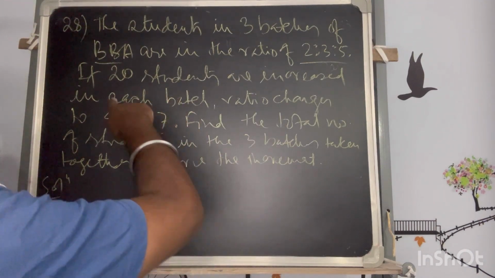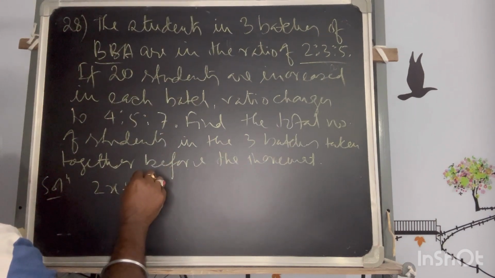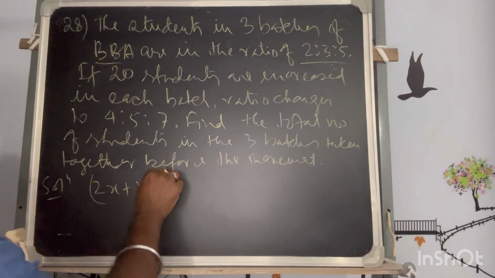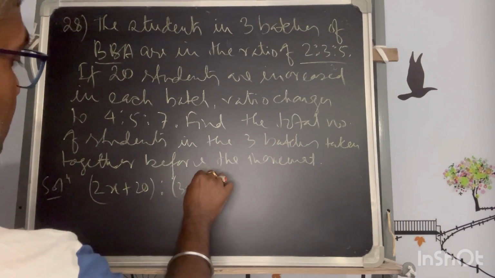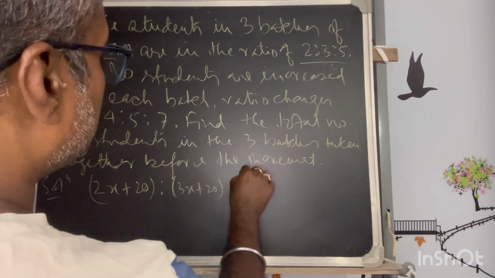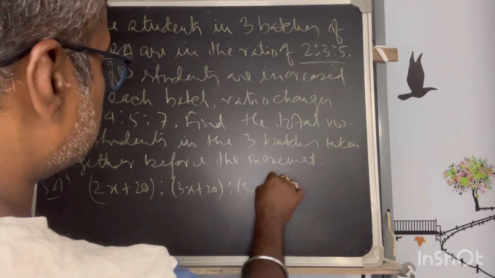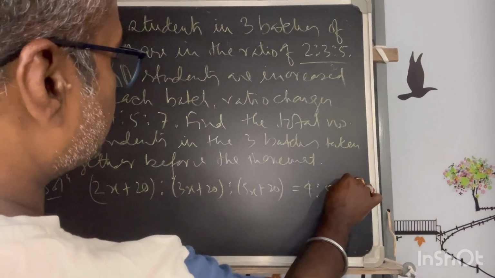Now we are adding 20 to each: 2x plus 20, 3x plus 20 and 5x plus 20. That new ratio will become 4:5:7.